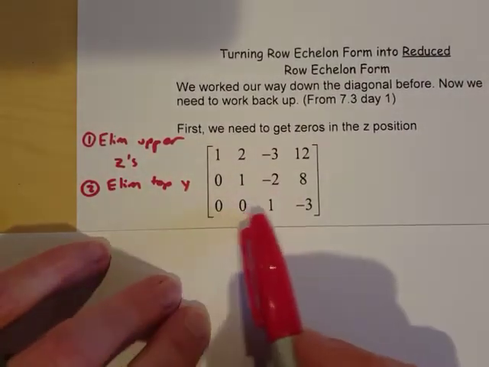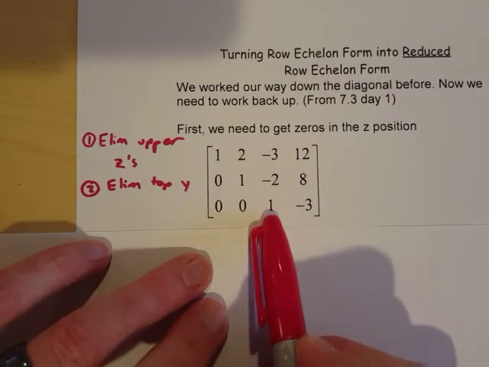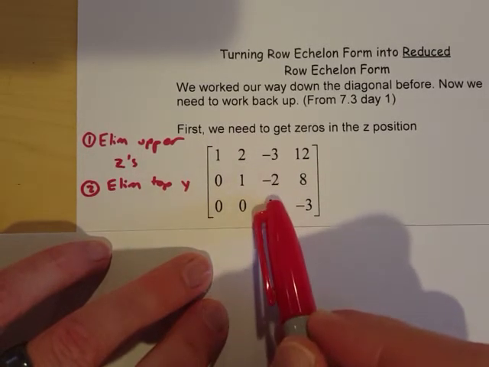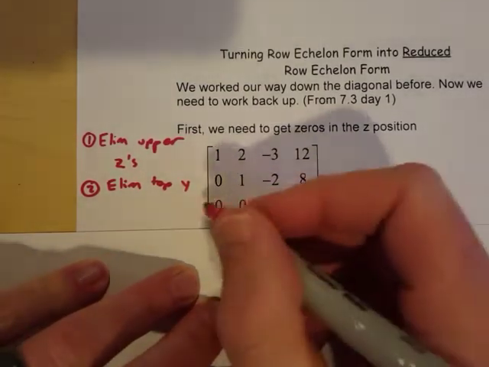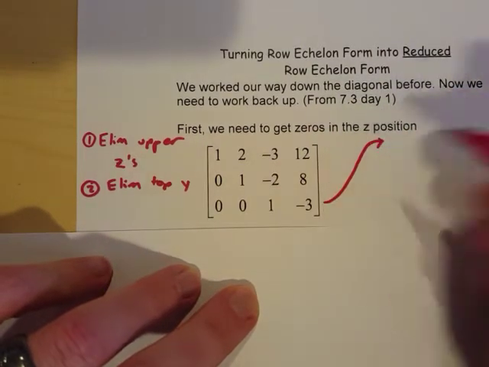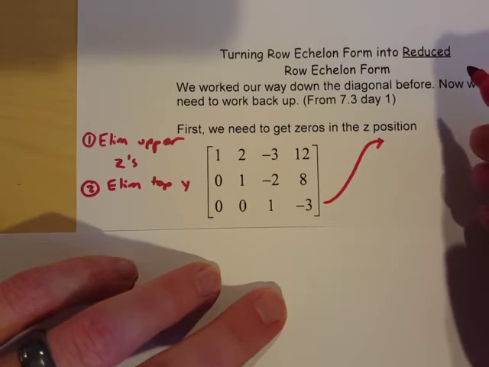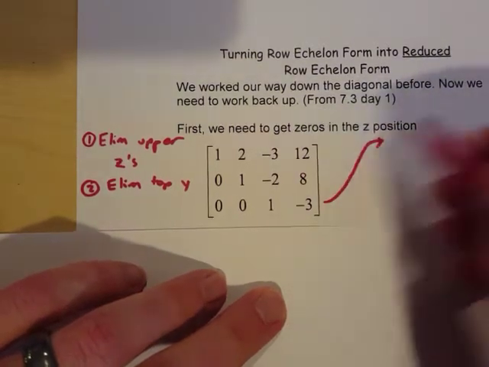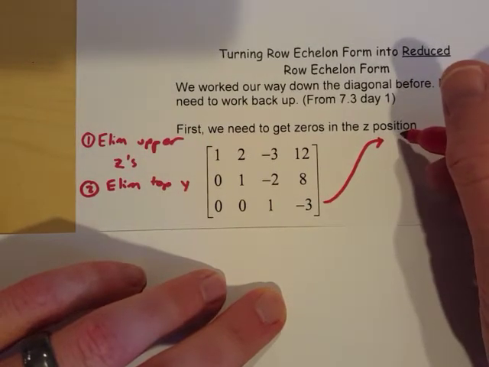Now what I'm going to do is work backwards with this third equation, because if I multiply this by 2, I could eliminate the -2. So I'm going to take this equation and multiply it by 2 so that I can eliminate the -2 in the second row.